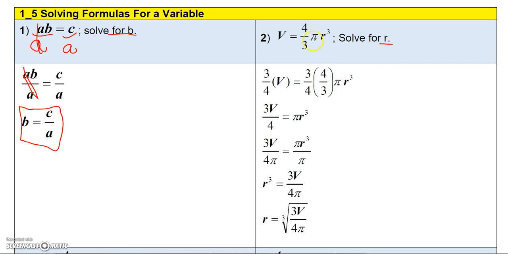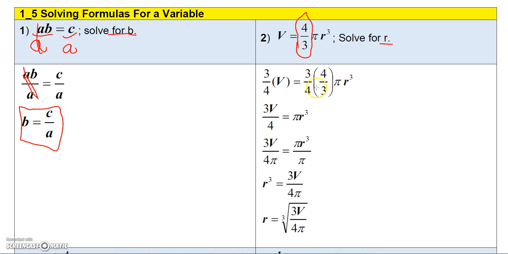What I want to do first is get rid of this 4/3. I showed you a little trick earlier that if you want to eliminate a fraction that's multiplied by something, you can just multiply by the reciprocal of that fraction. So to get rid of the 4/3, I can just multiply by 3/4.